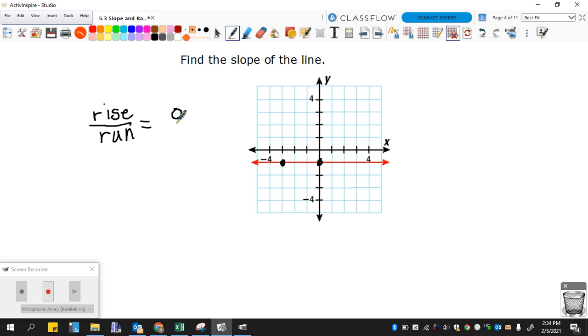So our rise is 0 and our run is 3. So 0 over 3, or 0 divided by 3, is just plain 0. So that tells us that anytime we have a horizontal line, or a line that goes all the way across, that's going to have a slope of 0. So a horizontal line has a slope of 0.